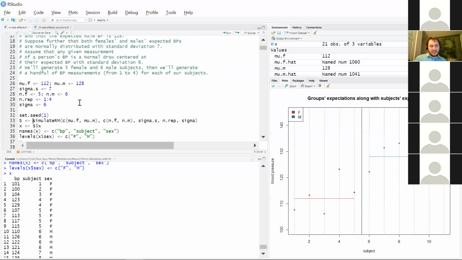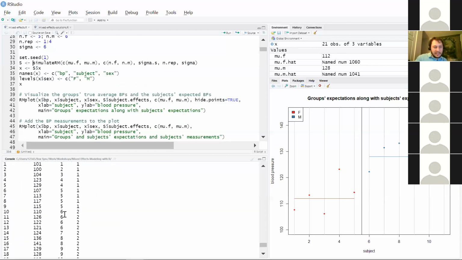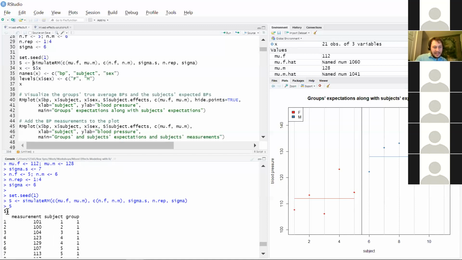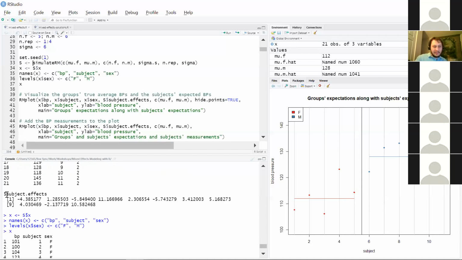All right, and if you're really curious, when we looked at S, it had an X, that was the data set. It also returned something else called subject.effects. And those are these deviations from group means that you're seeing here.